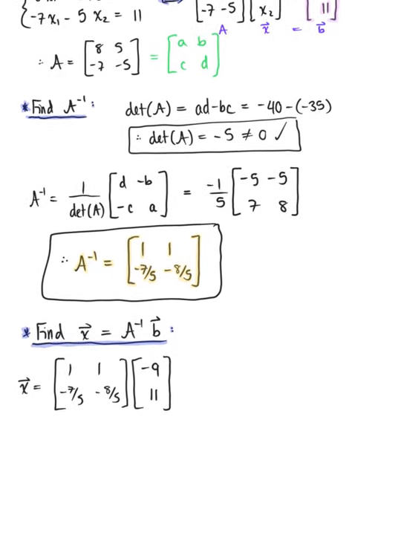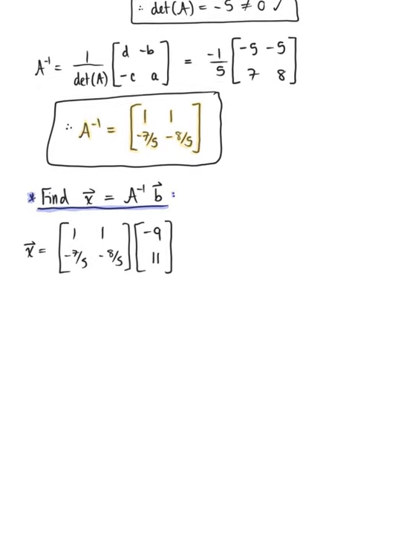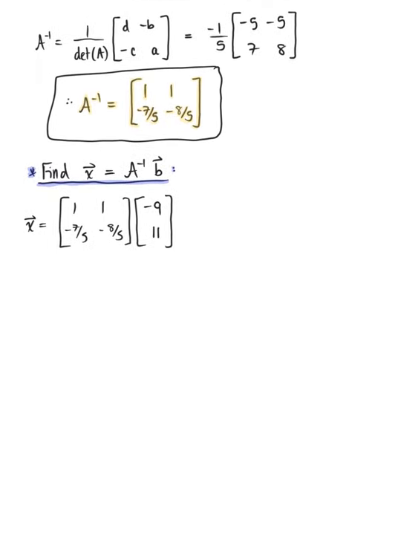Here we can use either the formal definition for matrix vector multiplication, or the dot product, the row column rule for matrix vector multiplication. I'm going to use the row column rule. So we have the first row of the inverse of matrix A multiplied by vector B, so we have negative 9 plus 11. And then we have the second row of the inverse of matrix A multiplied by vector B. That leaves us with positive 63 fifths minus 88 fifths.